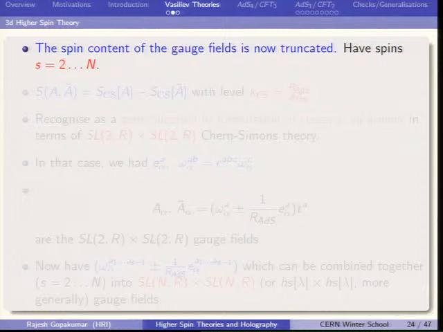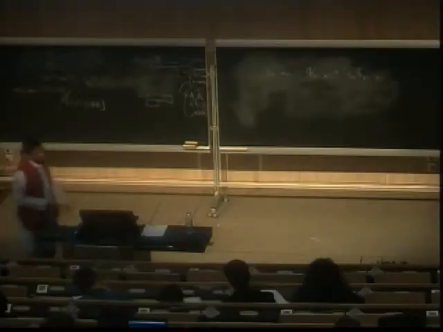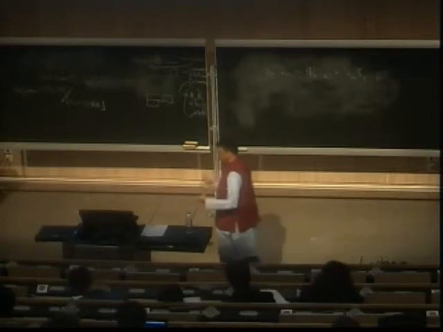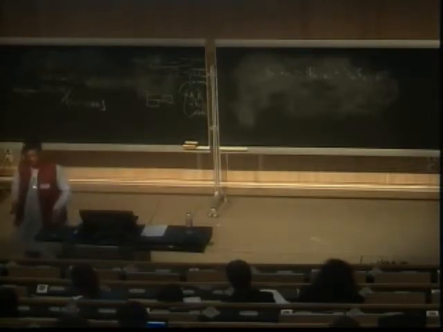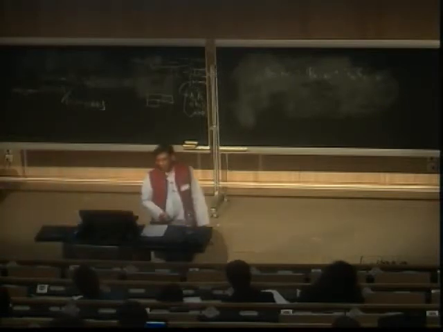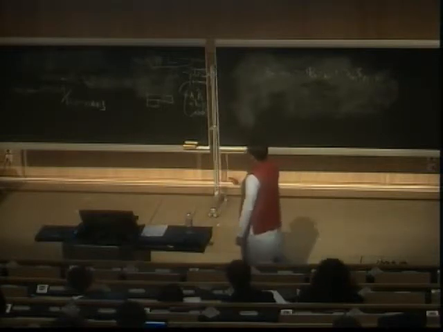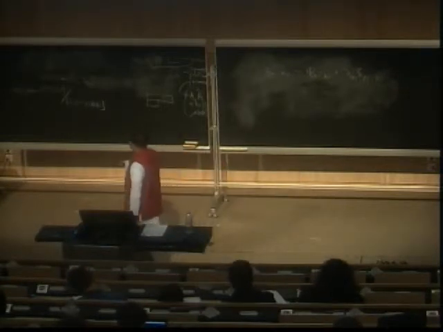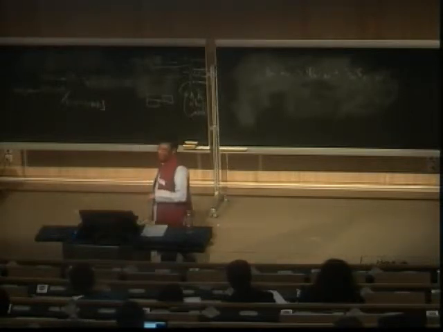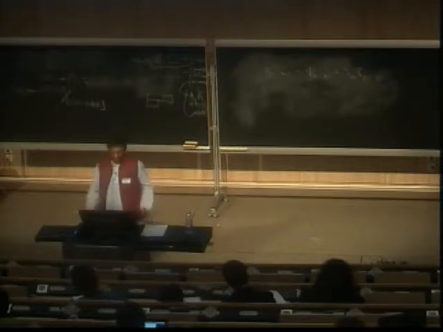So this is again another feature special to 3 dimensions, where you don't necessarily have to have an infinite tower of higher spin fields. You can consistently truncate to a finite set, and that's related to the fact that with this relation, this truncates to SLN when lambda is an integer.